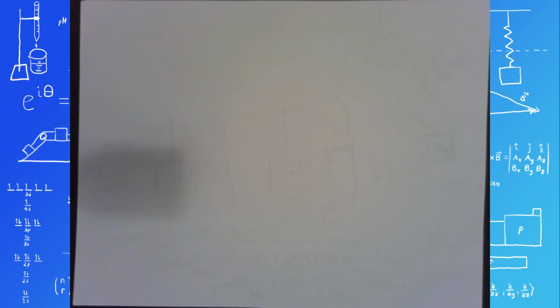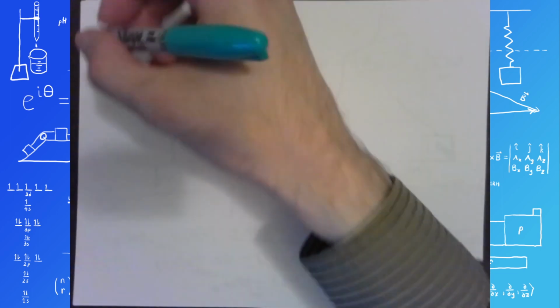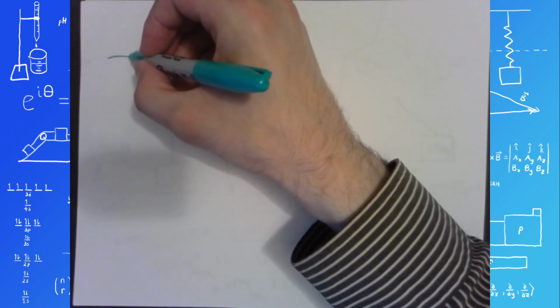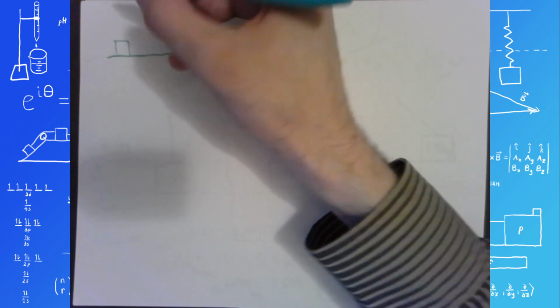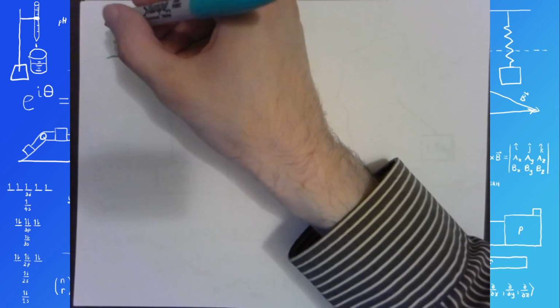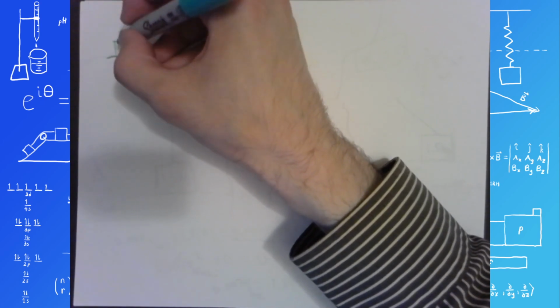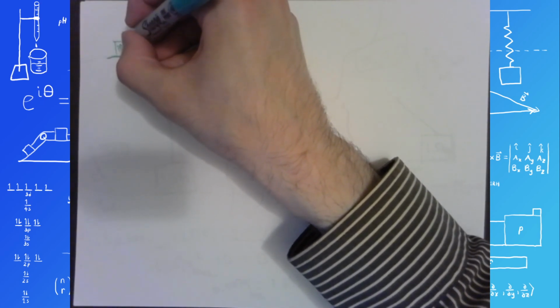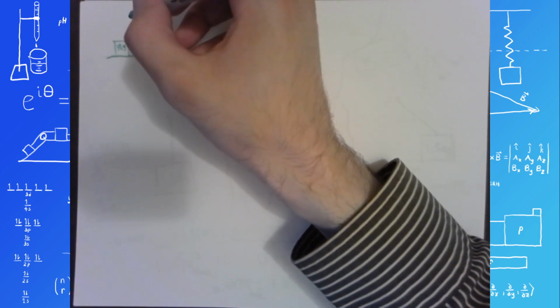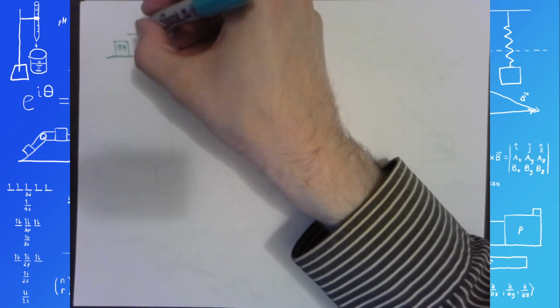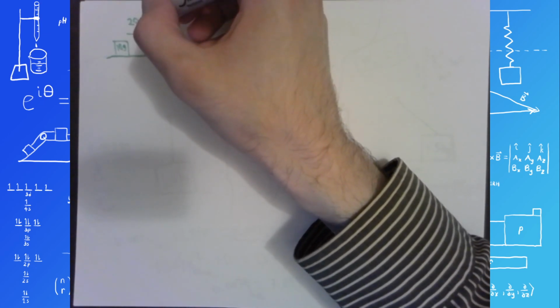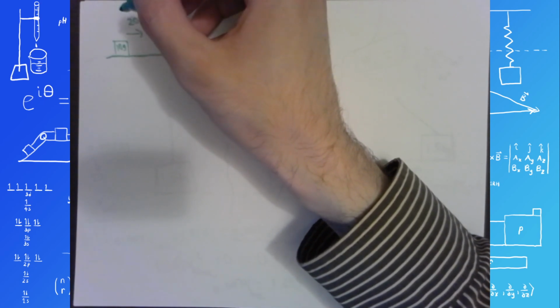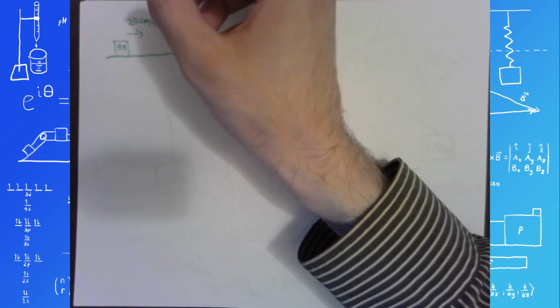So yeah, 10 gram object moving to the right at 20 centimeters per second. Let's say there are blocks on a frictionless table, for example. I probably should have drawn it bigger. 10 grams moving to the right at 20 centimeters per second. Makes an elastic, not inelastic, an elastic collision.